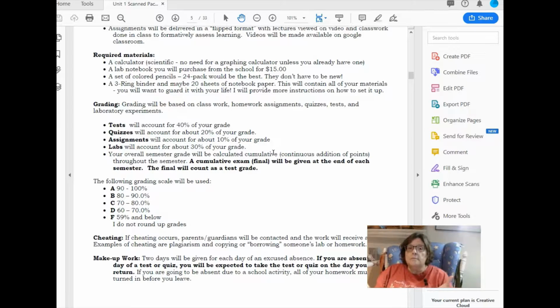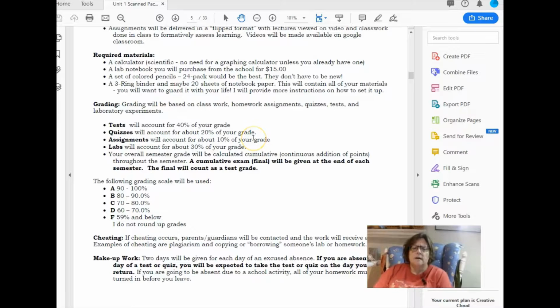I weight my grades, so as a grade goes in, that can be somewhat misleading if you don't have any grades in there for a test yet, because that's a fairly large chunk of your grade. If the first test is low, the next test can help bring you back up, so don't panic.